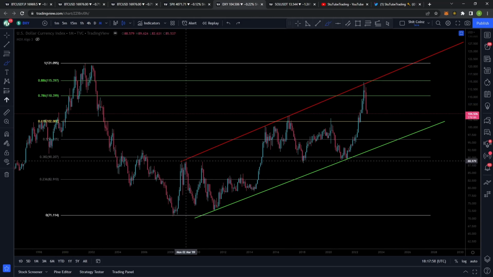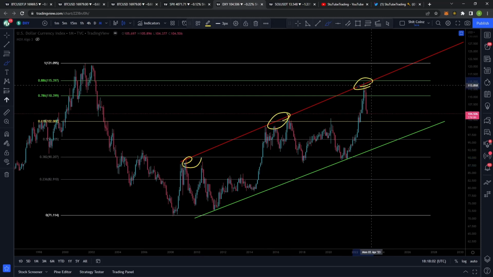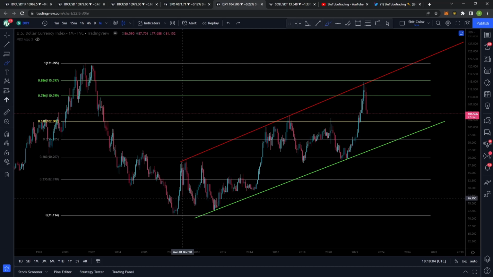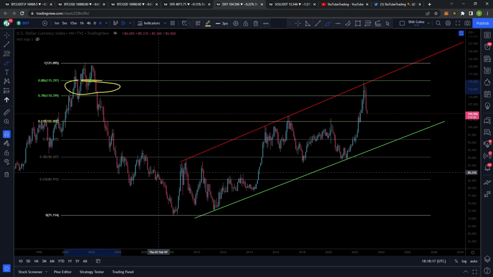Not only that, but we had this upward sloping resistance channel here. This channel on its own is about 10 years of data as well. So to see the 886 line up with a third touch point along that parallel channel's resistance, as well as just the structure in here, there's obviously a little bit of resistance up in this level.